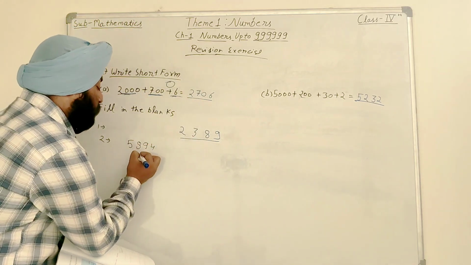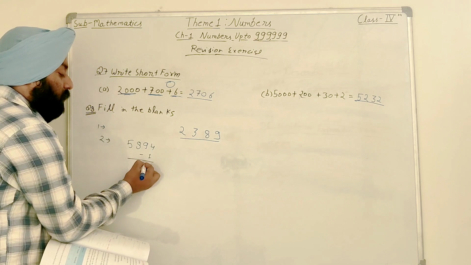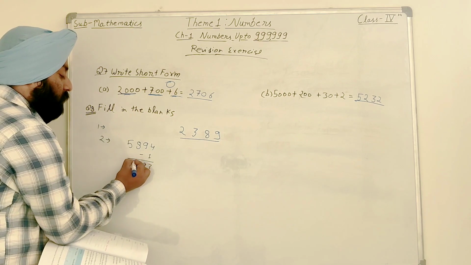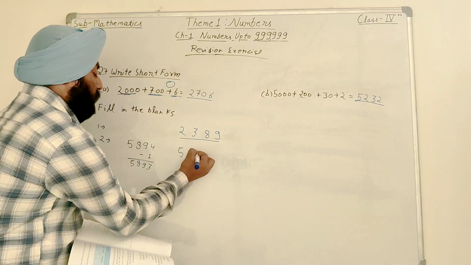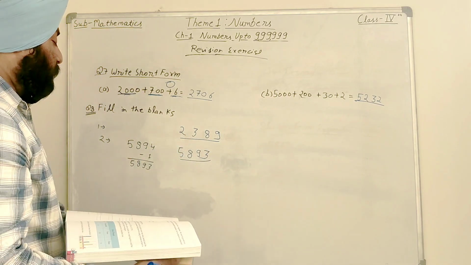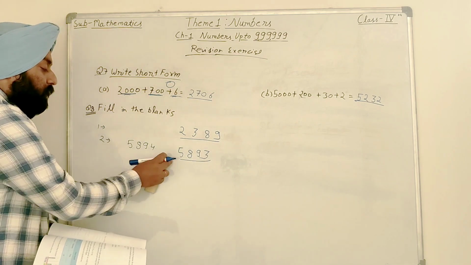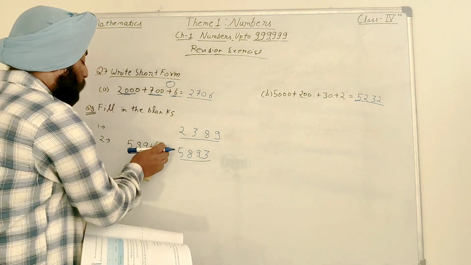We have to subtract 1 from the number. Then 3, 9, 8 and 5. So the number is 5, 8, 9 and 3. So predecessor of 5894 is 5893.